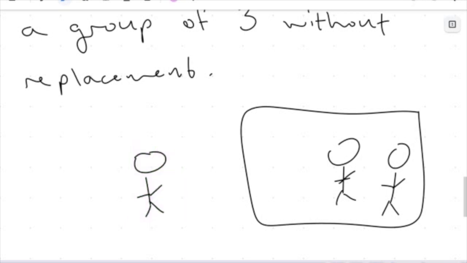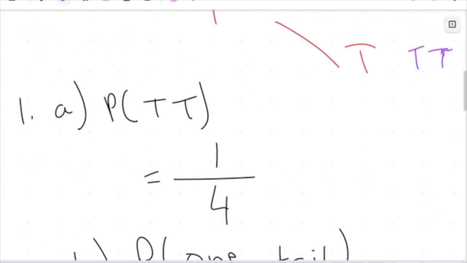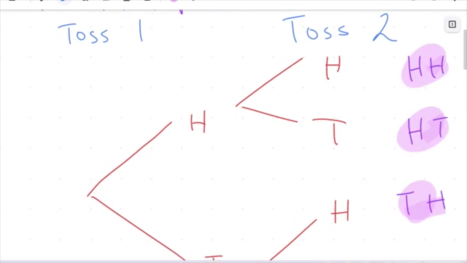Remember when we looked at with replacement, we looked at a coin toss. Once, for example, heads got selected up here, heads was still an option for my second coin toss. So that is what with replacement means.